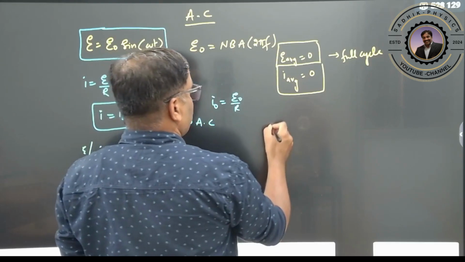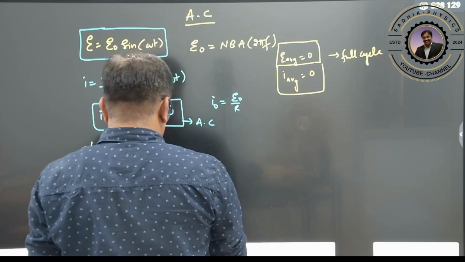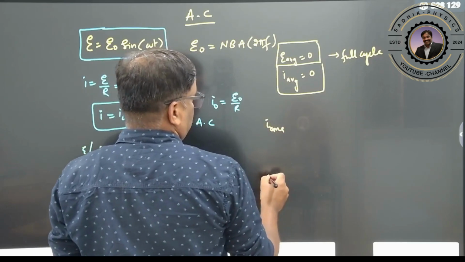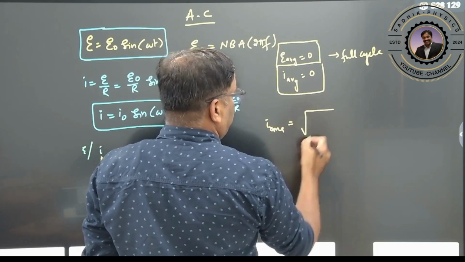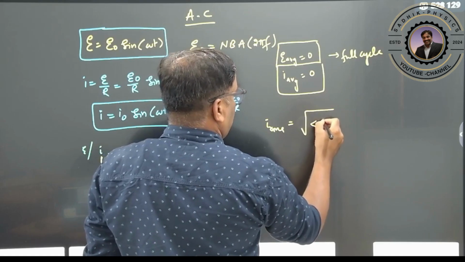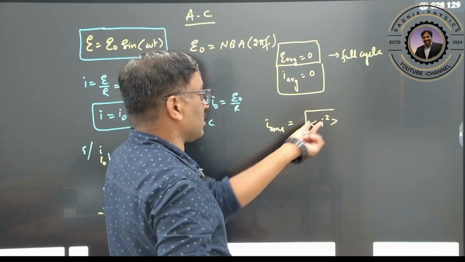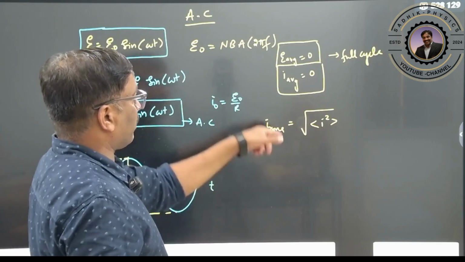What is this RMS value? Root mean square. The name itself says it: I RMS or E RMS, the root mean square of this current. It is the average of the squares, and we apply the root. So this is your RMS value.